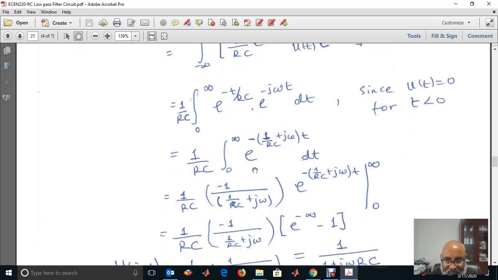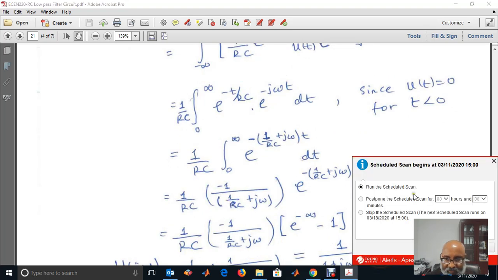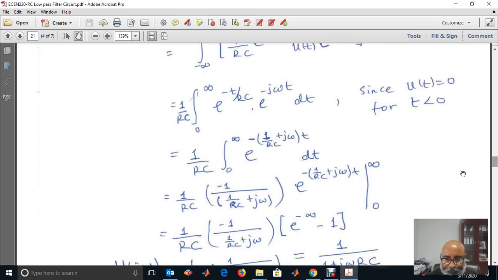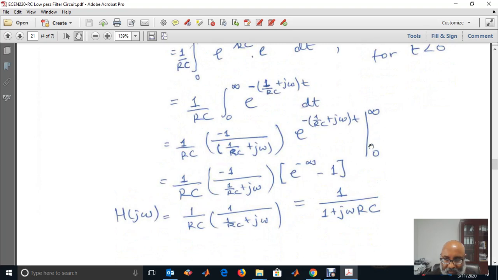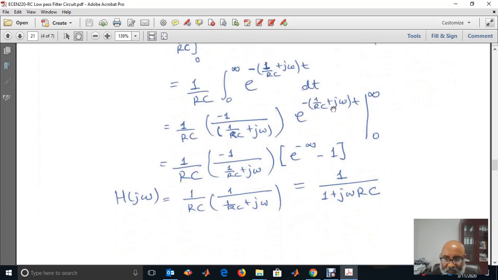Then we integrate this. We use the rule of integration for the exponential function. It will be negative 1 over (1/RC plus j omega) from infinity to 0. At infinity we have e raised to minus infinity, which is 0, so 0 minus 1 gives negative 1.